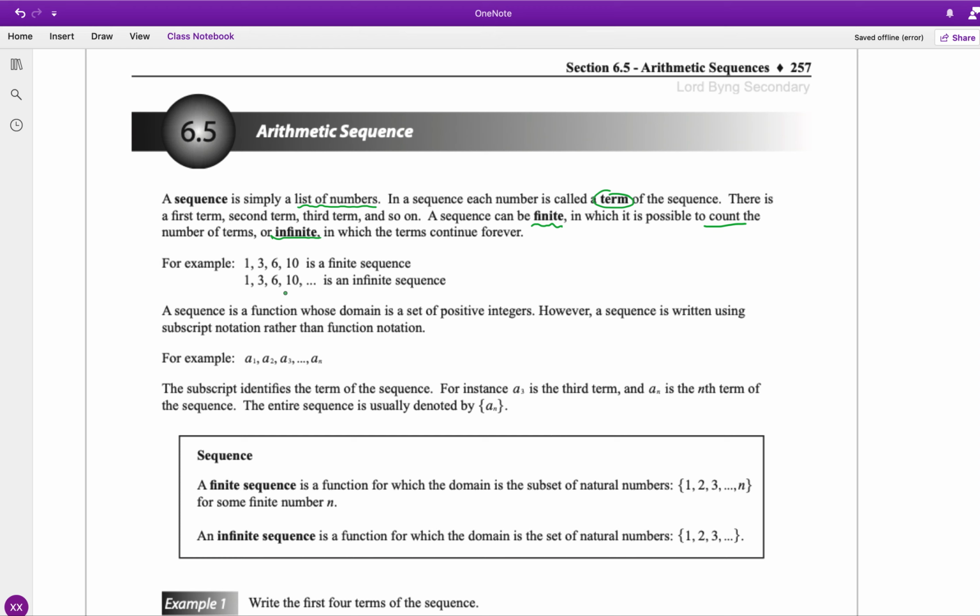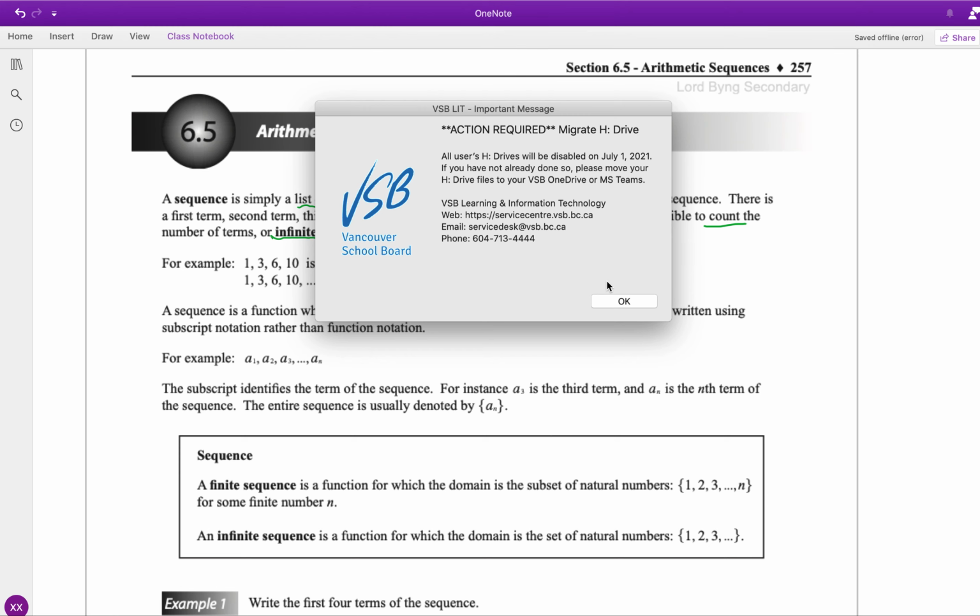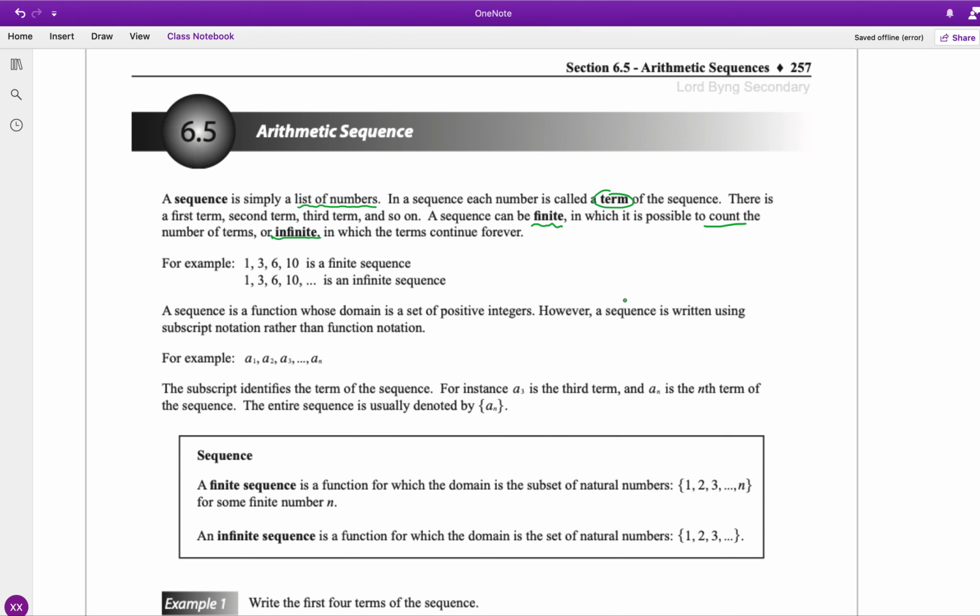But 1, 3, 6, 10 goes on forever until you lose your imagination. This is called an infinite sequence. The 3 dots are used to express the ongoing process.